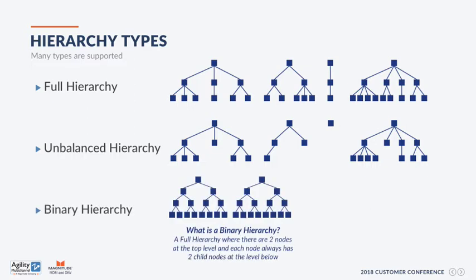And then just to be complete, there are these things called binary hierarchies. Binary hierarchies are a special case of full hierarchy, where there are 2 root nodes, 2 nodes at the top of the hierarchy, and every level of the hierarchy has 2 nodes. So the parent each have 2 children.